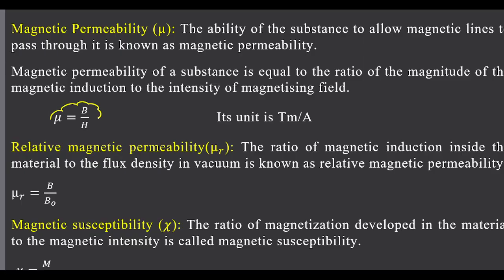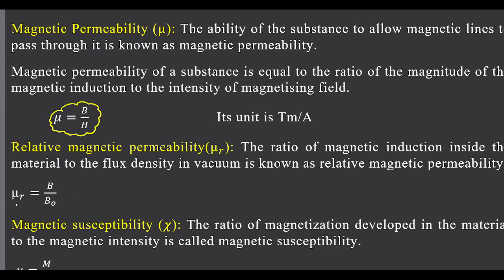Then we have permeability. It defines how much magnetic field should be there in a medium. The ability of the substance to allow the magnetic field lines to pass through it is known as magnetic permeability. The magnetic permeability of a substance is equal to the ratio of the magnitude of magnetic induction to the intensity of magnetic field.